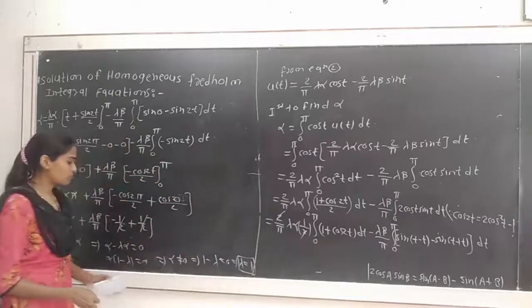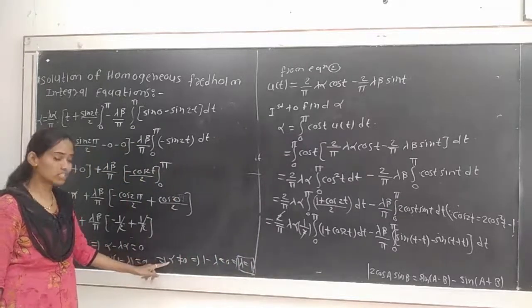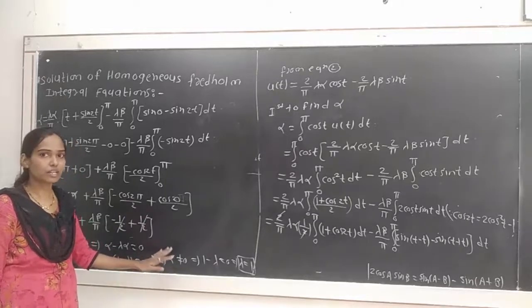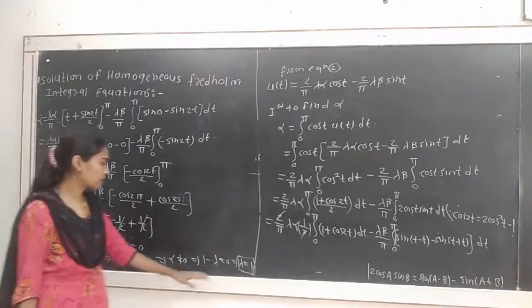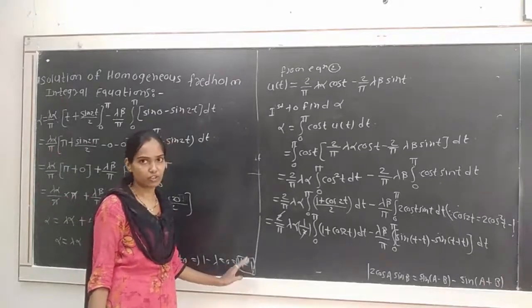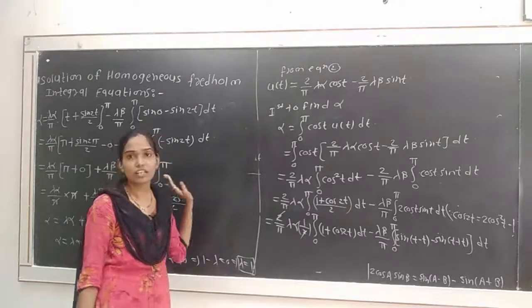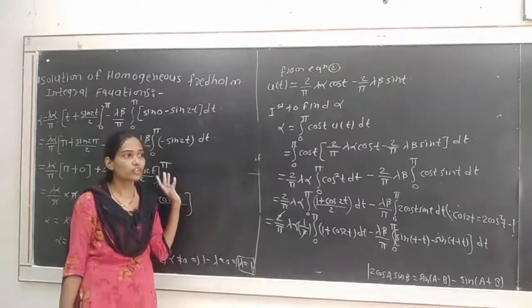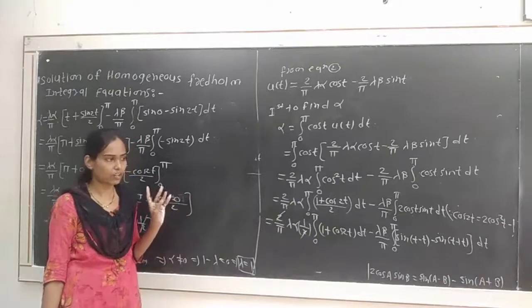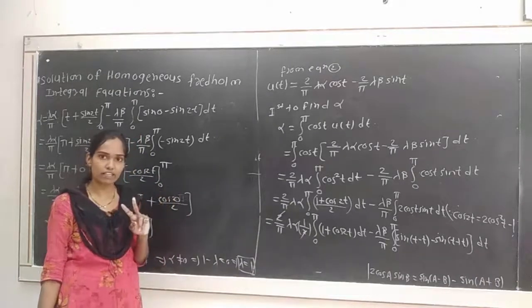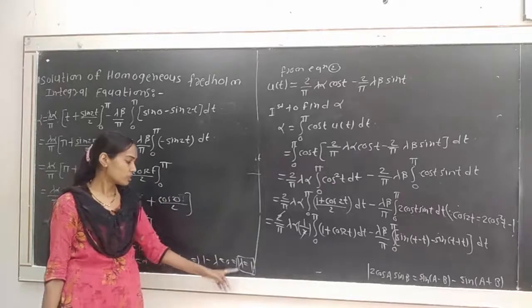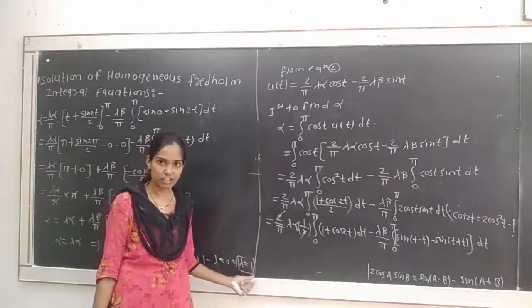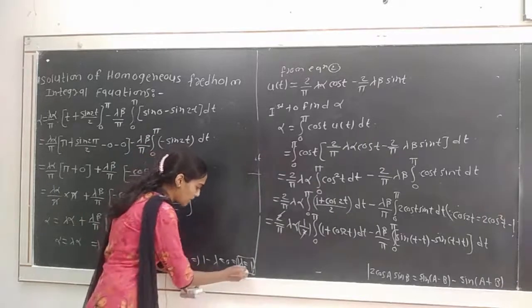Okay, for the non-trivial solution we consider alpha is not equal to 0, that is we take the value of alpha as any arbitrary constant, so this will be the eigenvalue. Okay, so see here in this homogeneous integral equation, we have the two constants alpha and beta. So we have to get two eigenvalues with respect to the two constants. So for solving alpha, we get the first eigenvalue, which we take as lambda 1.